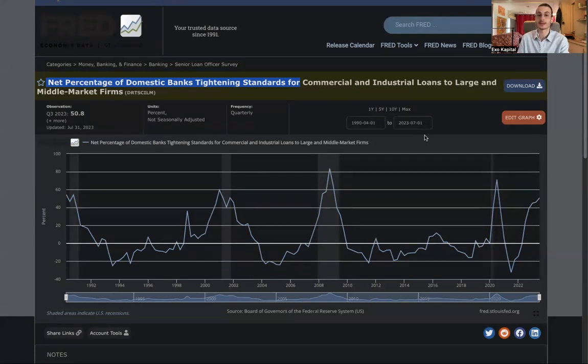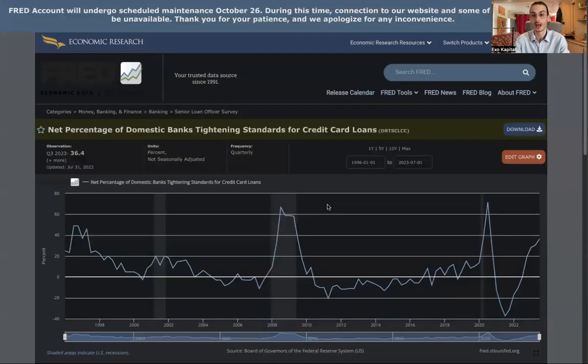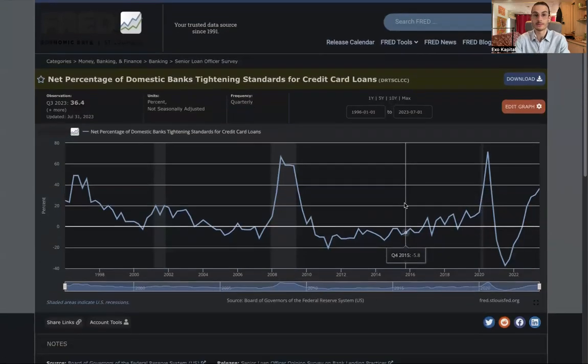net percentage of domestic banks tightening standards for commercial and industrial loans. So basically it's the loans given to the market by the banks, and we can see here we are at levels more than 50 where we've never been there except in the 2000 crisis and before the subprime crisis, and that's something we can also see on the net percentage of domestic banks tightening standards for credit card loans.